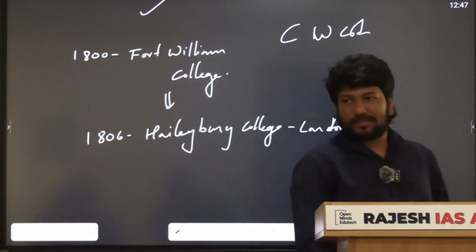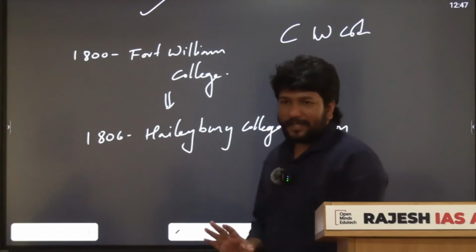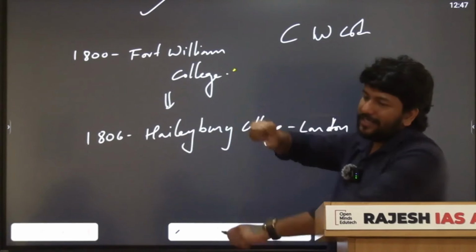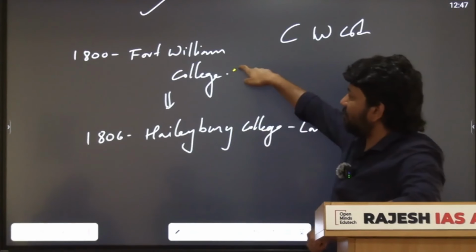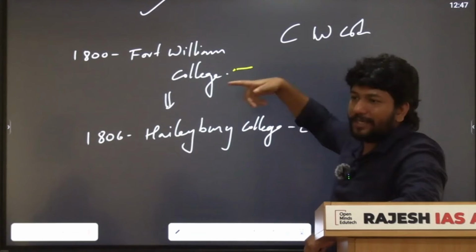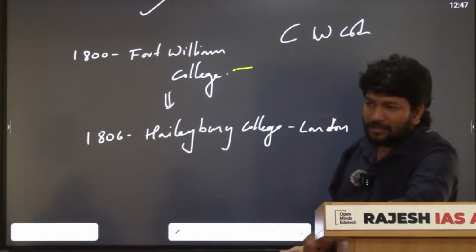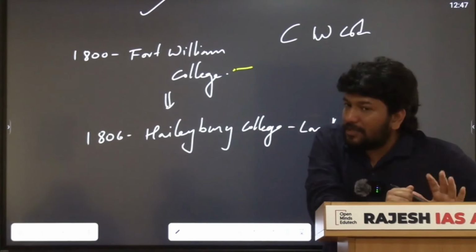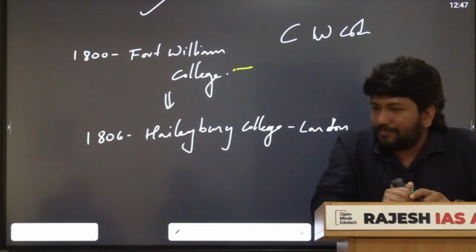Whichever civil service servants were selected, they were given training in which college? Initially, Wellesley thought they should have training in Fort William College, so that they would have an understanding of Indian laws, Indian customs and traditions. But the company is not interested in this.